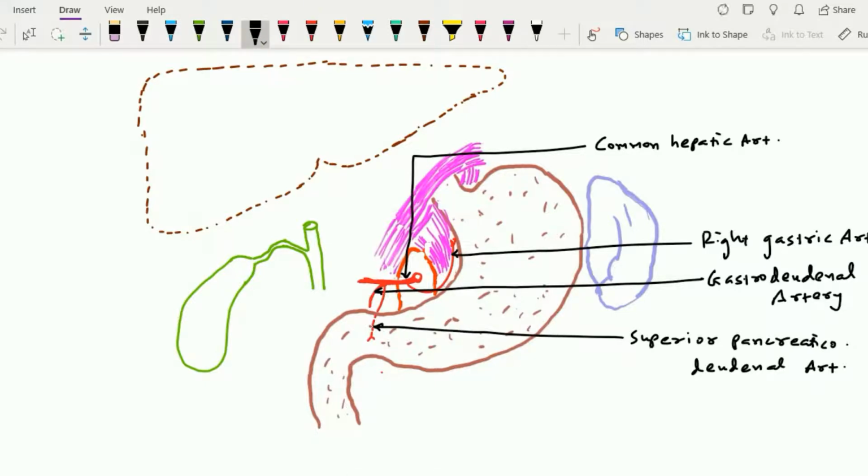And after giving the two major branches, the right gastric artery and gastroduodenal artery, this common hepatic artery continues as the hepatic artery proper.